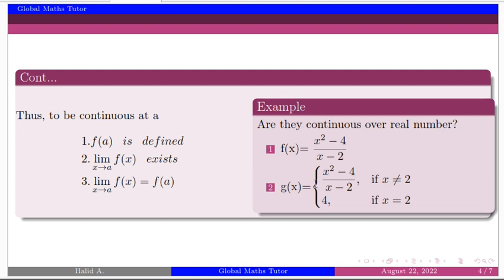We make it a piecewise function. We call this kind of discontinuity removable. So let's check whether g of x is defined or not.